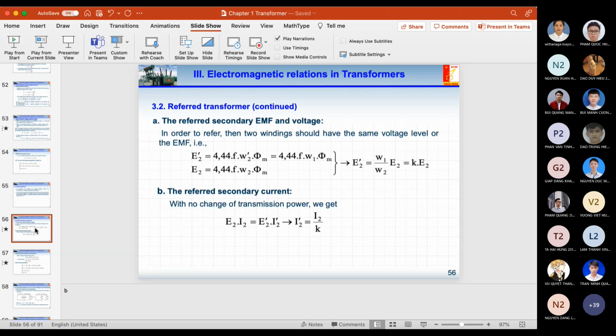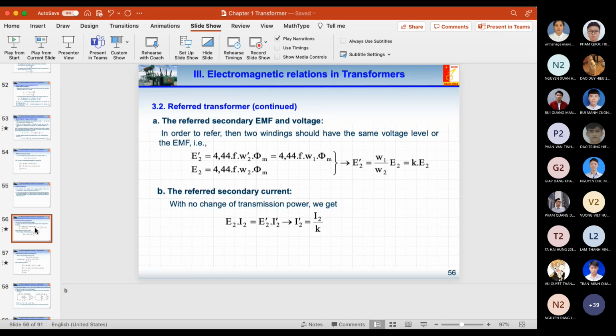In order to do conversion, as I said before, two windings should have the same voltage level. So either you can convert from the primary winding to the secondary winding, or from the secondary winding to the primary winding.